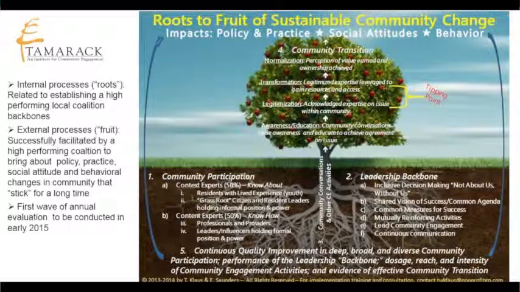Now, what happens is, going up the tree, if you follow the arrows, you'll note that the more effective we become in awareness and education and creating these conversations that lead to some kind of general agreement about how we address the issue, the leadership backbone becomes known as the go-to authority on that particular issue, and so they are legitimized in the eyes of the community.